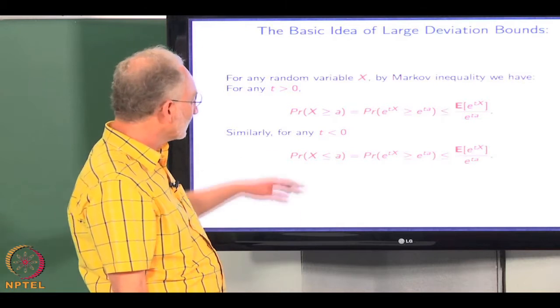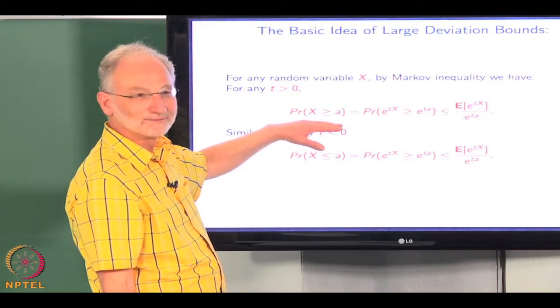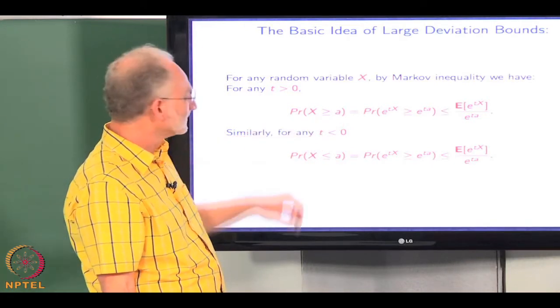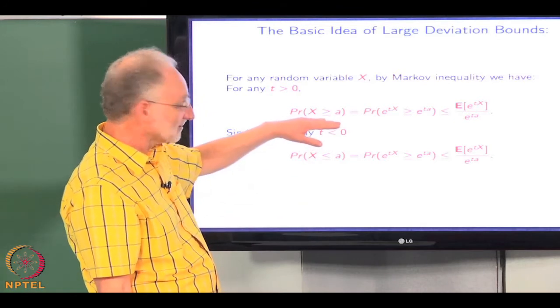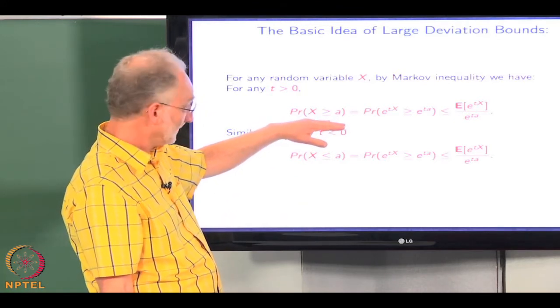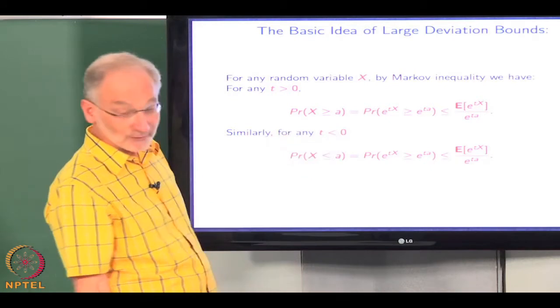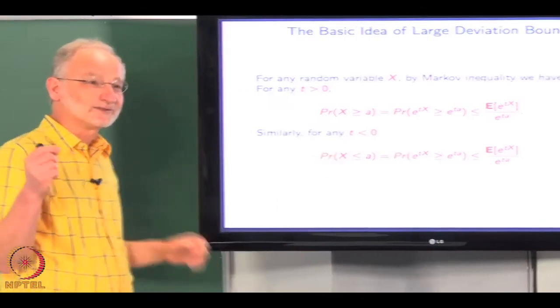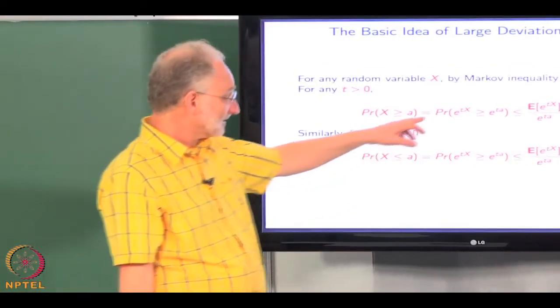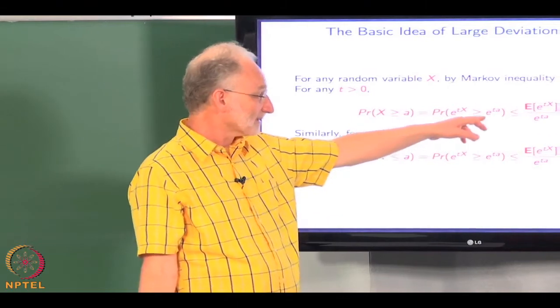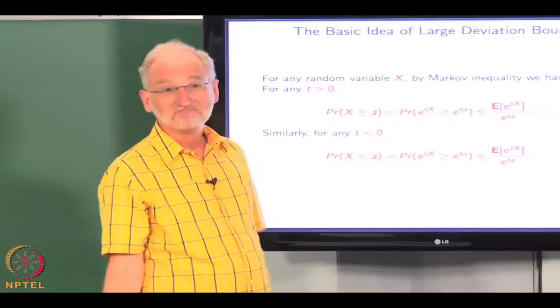So we took a random variable, and instead of asking what's the probability this random variable is greater than A, we ask what's the probability that e to the tx, where x is this random variable, is greater than e to the ta.